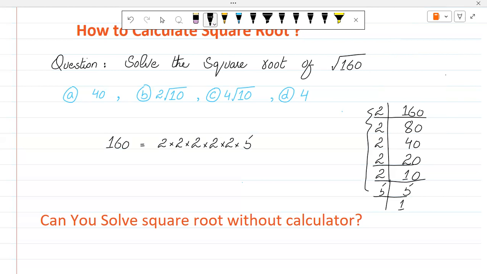So whatever number we take the LCM of, it can be written as a multiplication of prime factors like this. When I take the root on both sides, the root of 160 can be written like this.